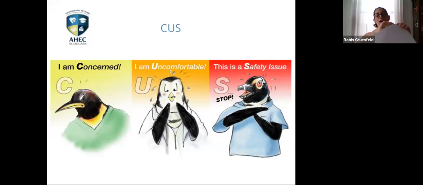So there are assertive statements that you can holler out, and if everyone is trained in TeamSTEPPS, they understand that those are everyone-stop, focus moments. It's a way to wave the flag and say, there's an issue here. So I am concerned, I am uncomfortable, or this is a safety issue. I like the last penguin the most, the timeout penguin.